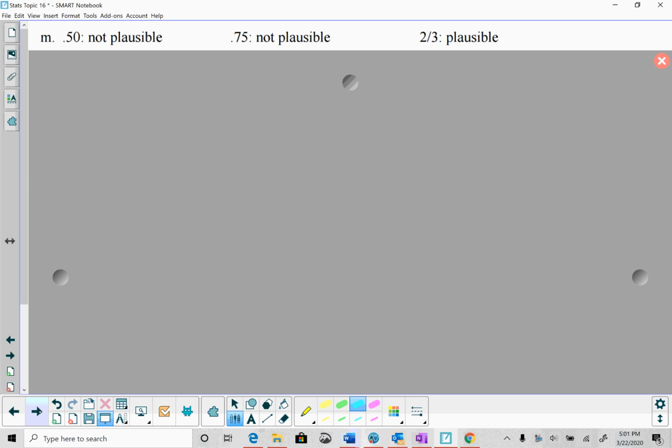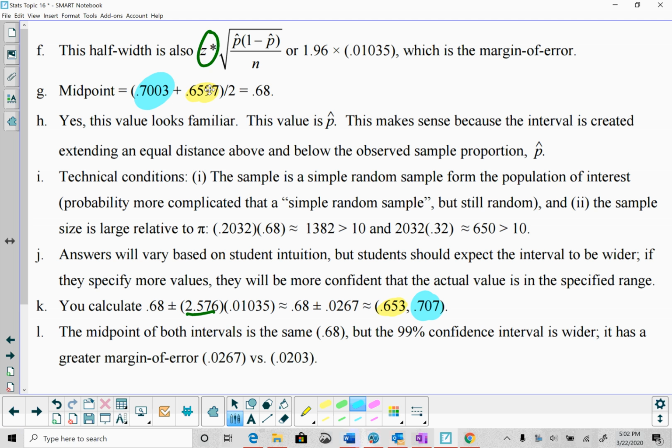As the confidence level increases, margin of error and width of the confidence interval also increase. The midpoint has to be the sample proportion p hat regardless of that confidence level. So based on these intervals, does it seem plausible that 0.5 is the proportion of everybody? Well, no, it really shouldn't, because again, regardless, let me take away some of these distractions here.